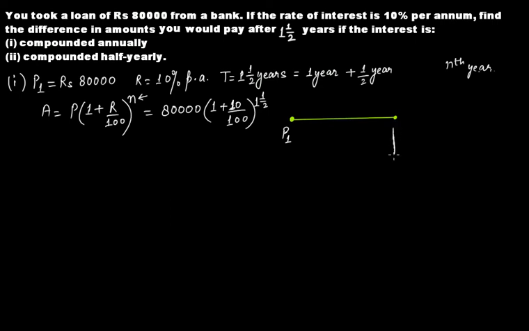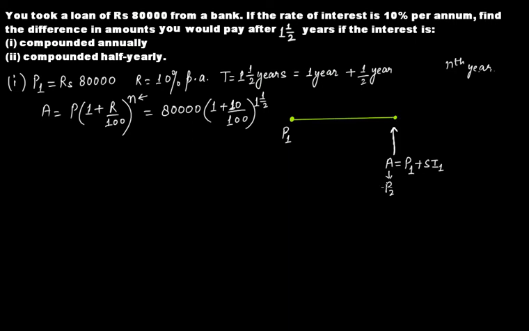The amount A will be P1 plus the interest of this period of 1 year, that is the simple interest of this period. We have learned all these things. So this is P1 plus SI1. Now we can call it either A or, let's say, P2. A is the amount at the end of 1 year, which is equal to P1 plus SI1.